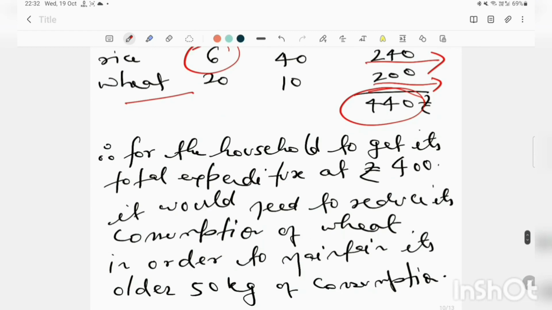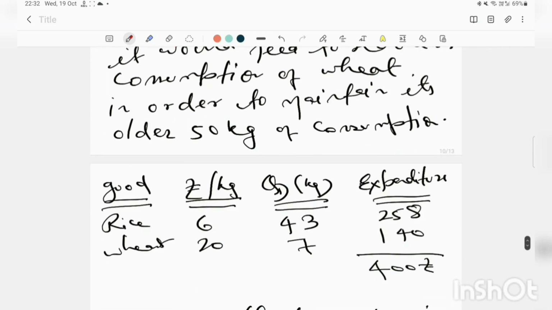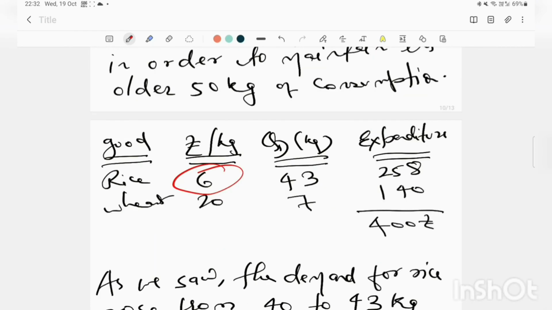So for that household to keep its total expenditure at 400 only, they need to do a combination kind of thing. So suppose that when the price of the rice increased from 5 to 6, they reduced the consumption of wheat.